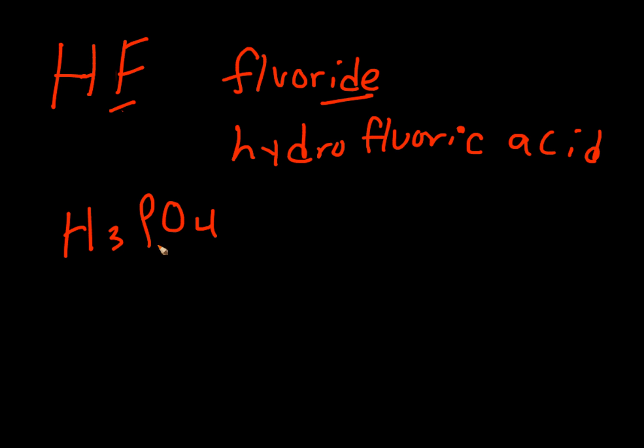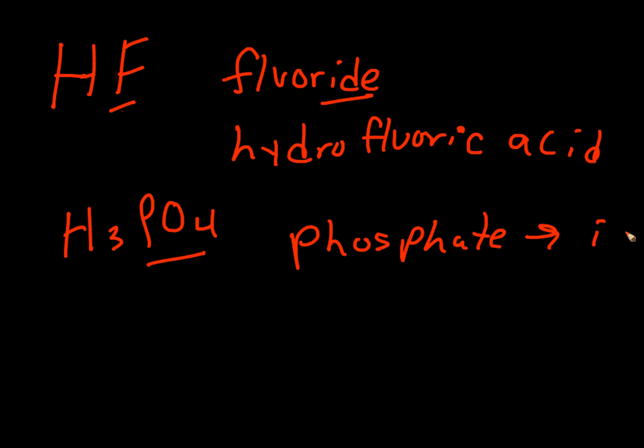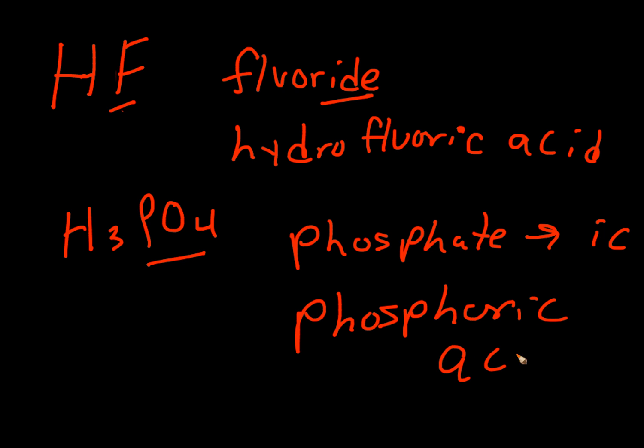Now for H3PO4, our anion is phosphate. So ATE is going to go to IC. So it'll be phosphoric acid.